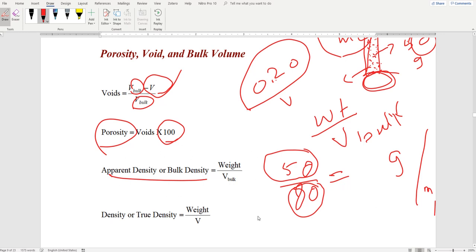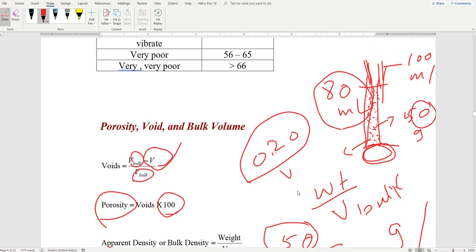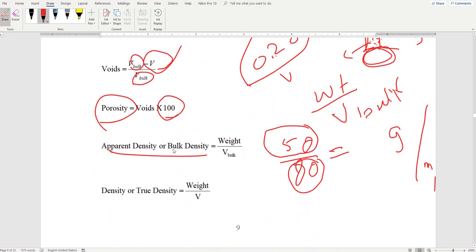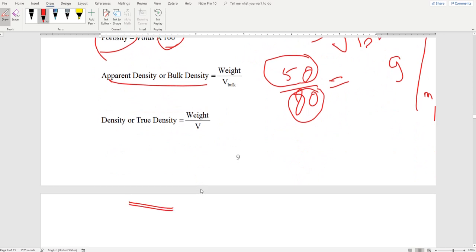No, it's not constant. Why? Look at this example. This is the powder inside the measuring cylinder. If I start tapping the measuring cylinder, knocking at it, the 80 ml will reduce, because the particles are coming closer to each other. So the apparent density or the bulk density changes, but the true density does not change.